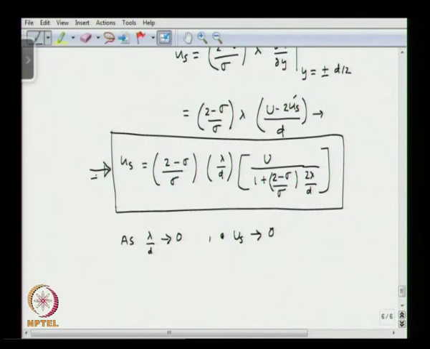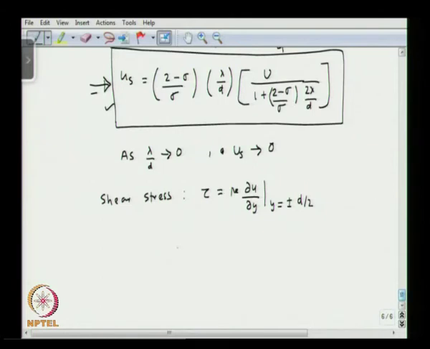Now, from the expression for velocity we can obtain the expression for shear stress. So, shear stress can be written as tau equal to mu del u over del y at y equal to plus minus d by 2.